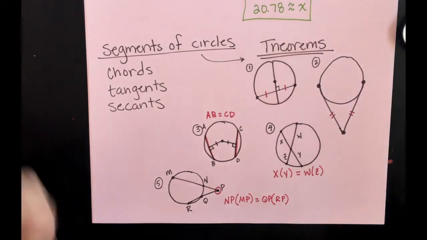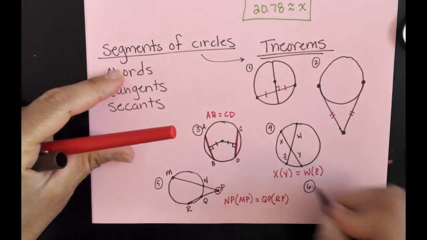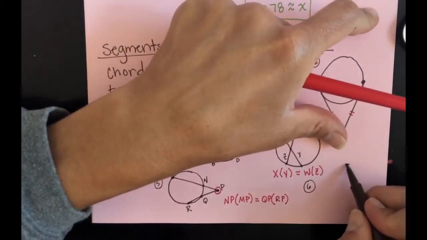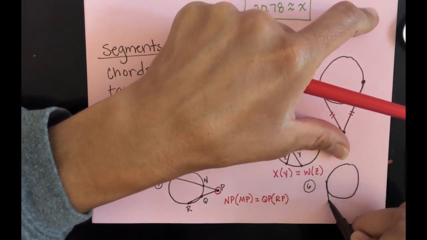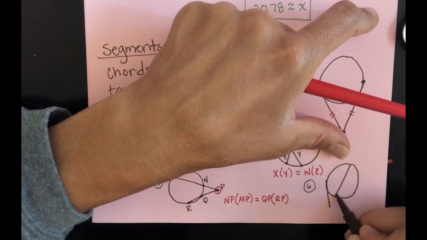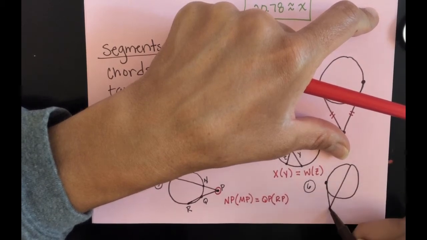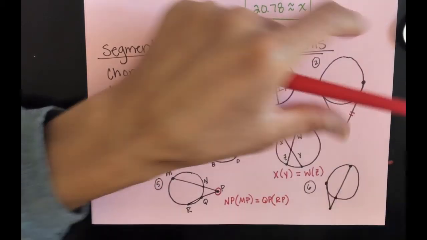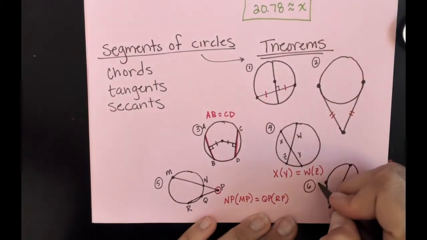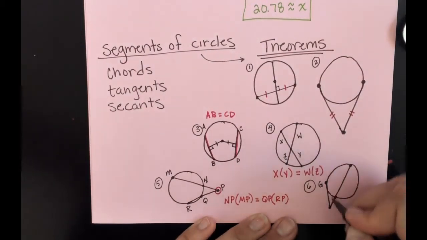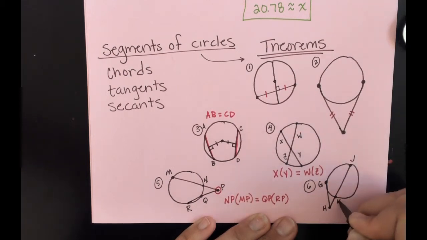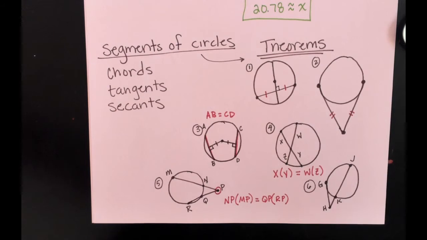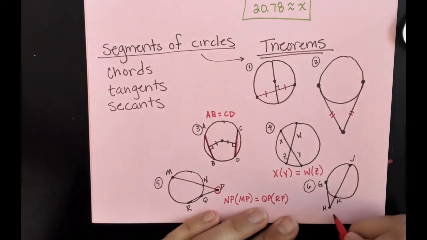And last but not least, we'll squeeze this guy in here. We talked about what would happen if we have a tangent secant. And it's the exact same thing. Still outside times the full length.